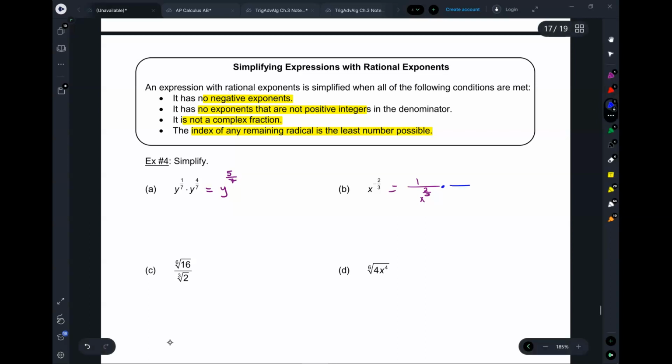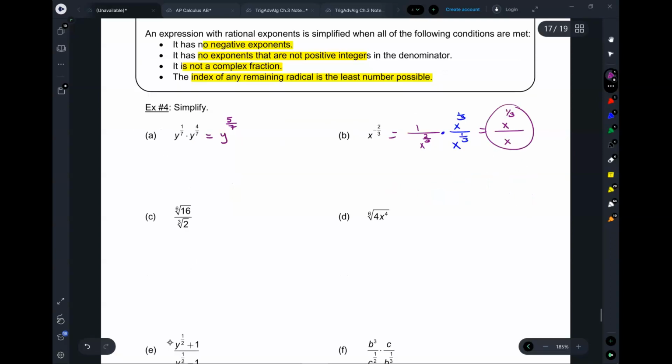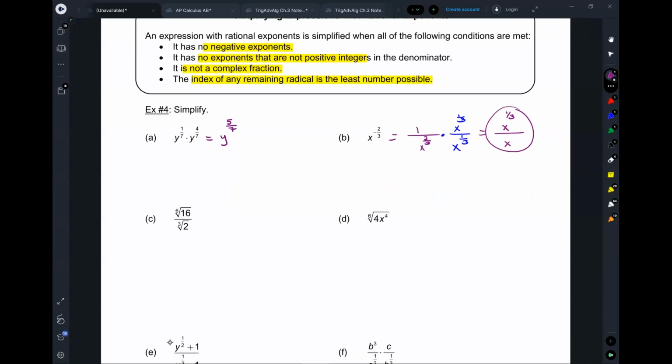You have to multiply by x to the power of, subtract these two, what's the difference? 1 over 3. So x to the power of 1 over 3. So what you have now on the bottom is x to the power of 1, right? Because it's 3 over 3. And then in the numerator, x to the 1 over 3. Okay? That's the answer.